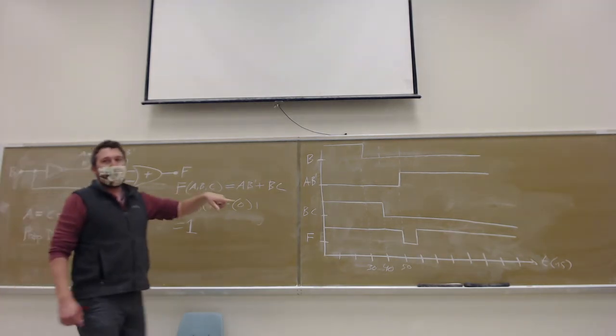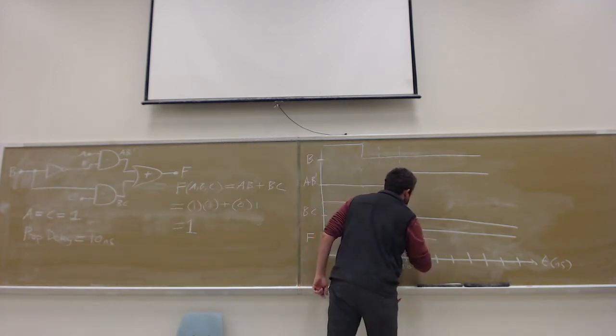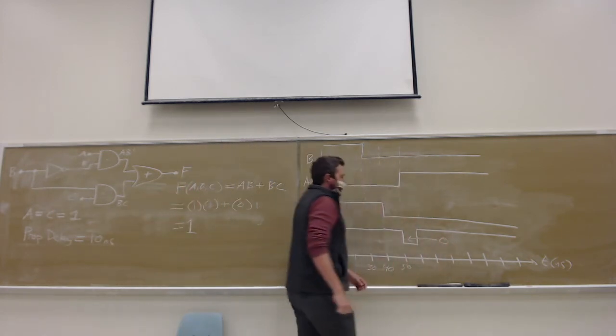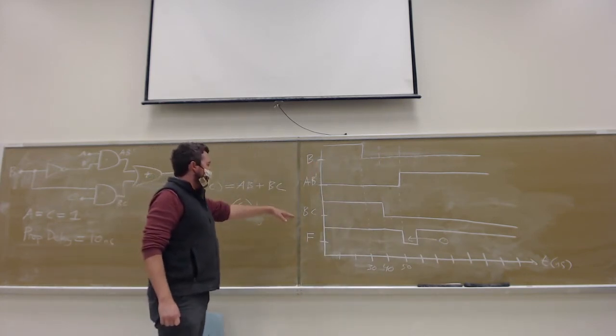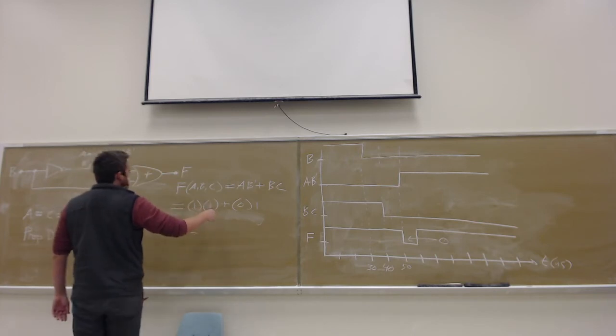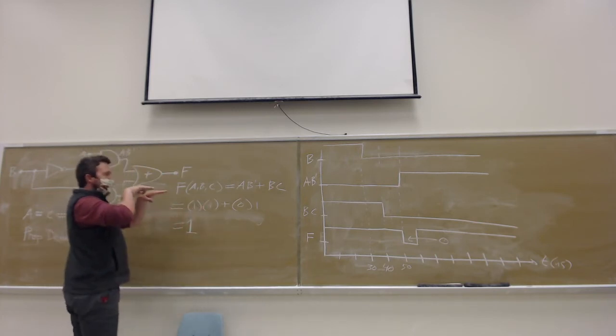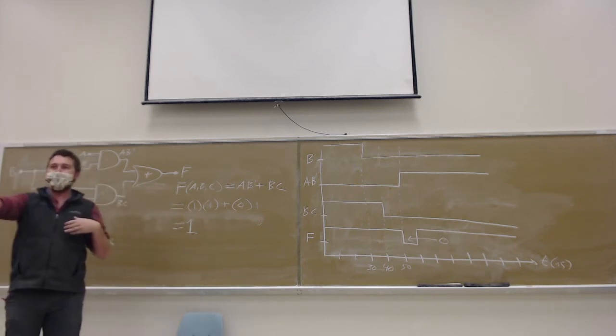But what happened along the way? It went to 0. This happened. Right? It stayed at 0. Well, actually, we could even take a step further. Before we had that, when we had B equal to 1, we still have 1, right? So this transition in inputs should have caused no transition in the output.